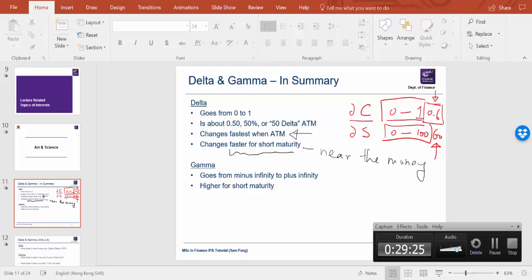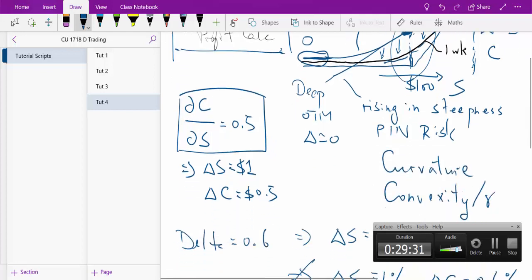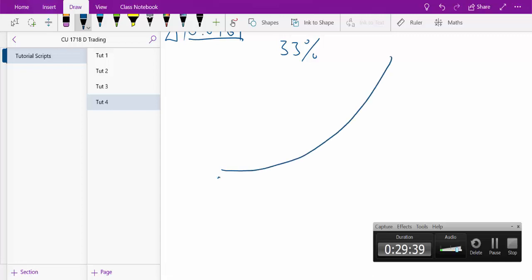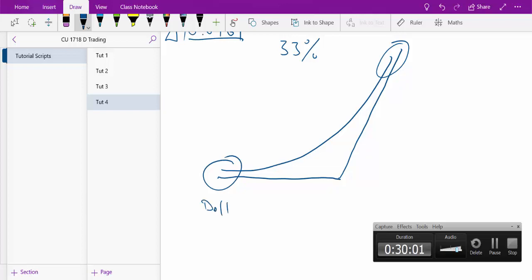And in fact, I was saying to you here that when you look at any option, then at the extremes, the delta is actually changing very slowly, okay? Delta is changing slowly.